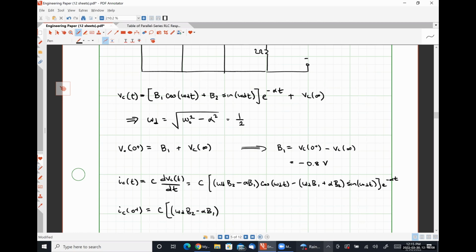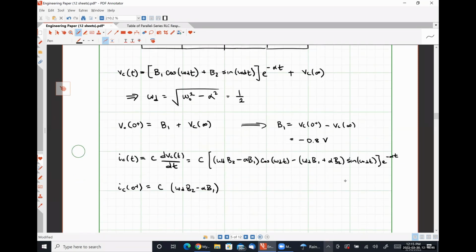Our sine omega d term is going to go away, so that gets rid of all of this, and we're multiplying by a factor of 1 because e to the 0 is 1. So IC at 0 plus is equal to C times omega d B2 minus alpha B1, where we know IC at 0 plus, C, omega d, alpha, and B1. B2 is the only quantity that we don't know.